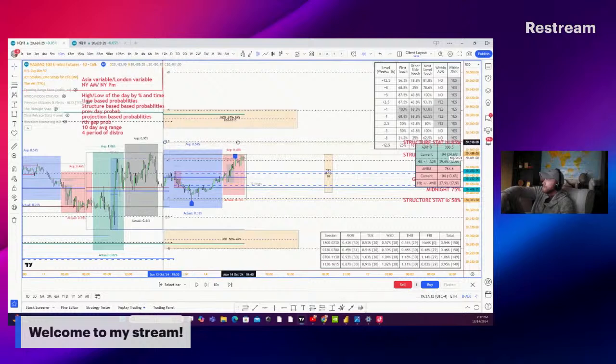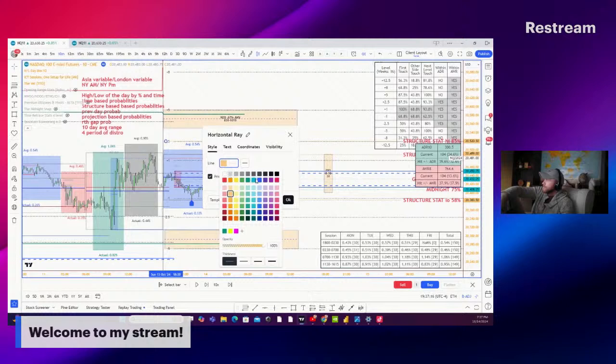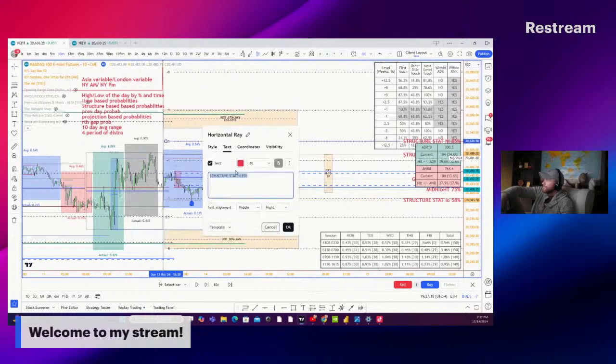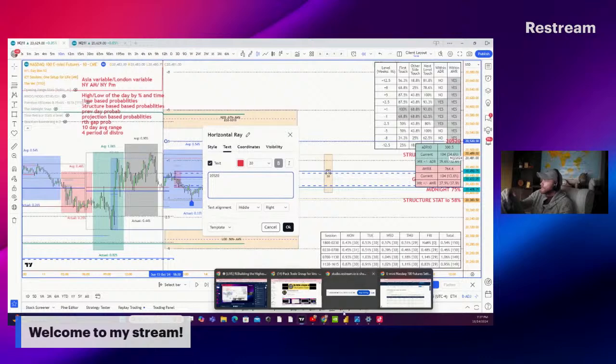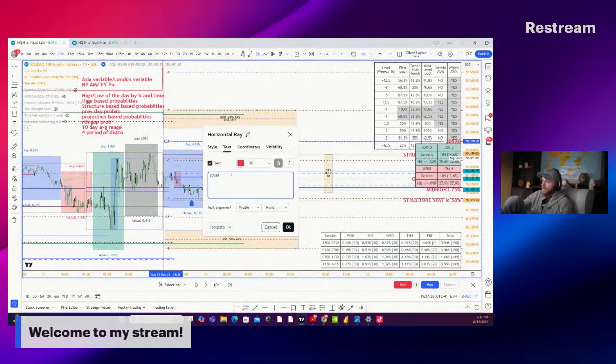For my workflow process, I'm going to put the price in 520, and we know that this one is 2.5. So we can see the 2.5 has a 70% probability, and we'll put that in.